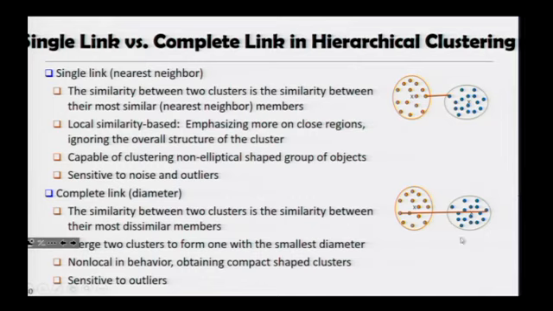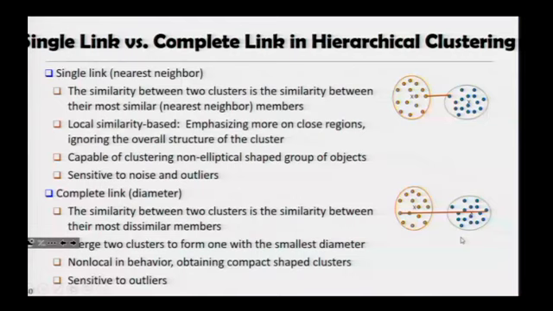Compared to the single link case, the complete link is not behaving in a very local manner, because it's looking at the longest distance between two clusters. So it considers the shape of these two clusters when checking whether to merge them, and the resulting cluster will have a more compact shape compared to the single link.